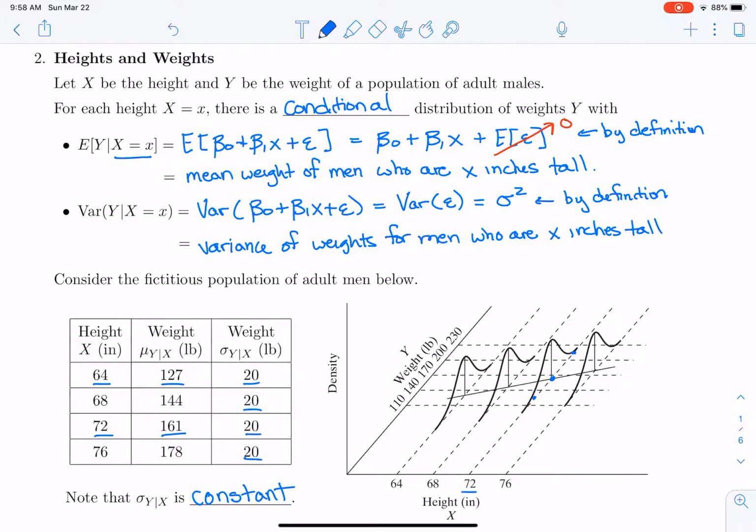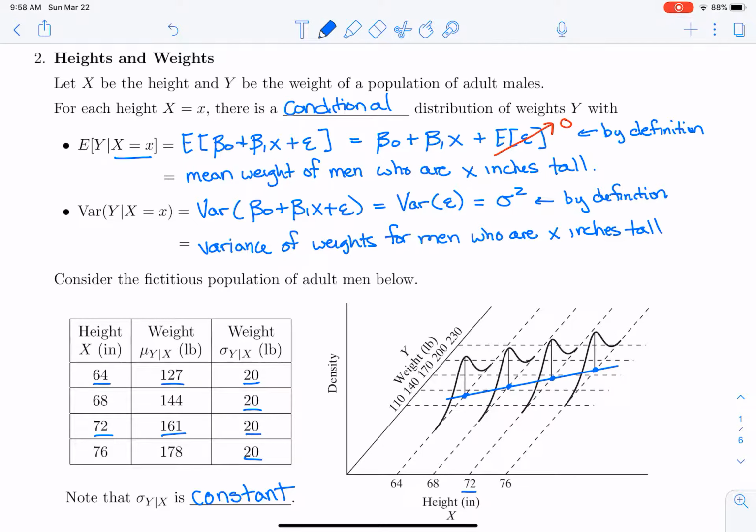There's a distribution of weights. In fact, for each of the heights, you can see a nice distribution of weights. And what's important is that the line gives the average weight for each one of the heights. So you can see the average weight lies right on that line, giving the linear relationship.